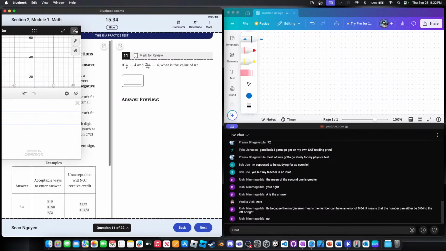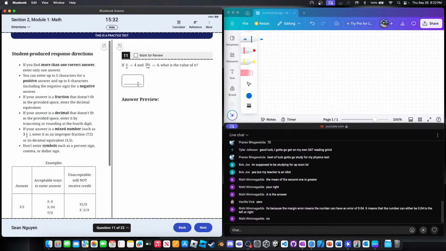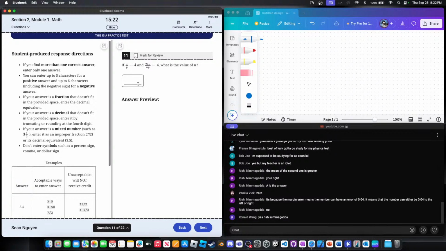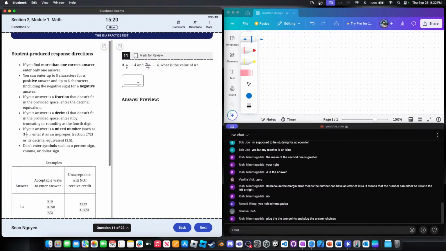Cool. Okay, if x over y is equal to 4 and 24x over ny is equal to 4, what is the value of n? So let's do x over y is equal to 4.